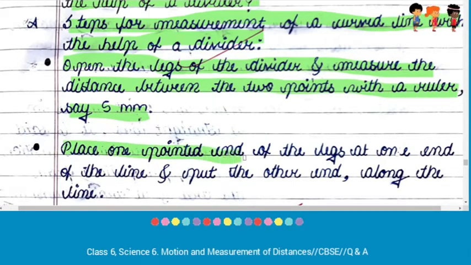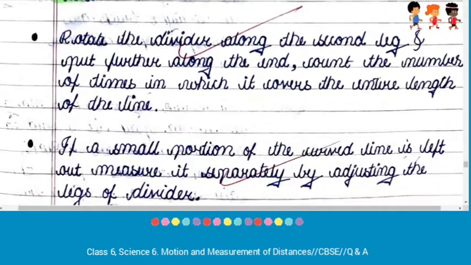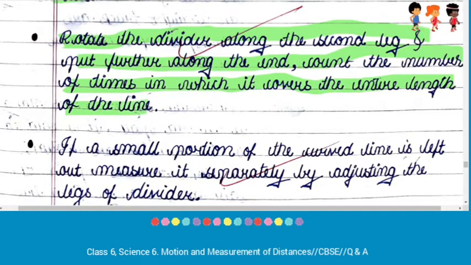Second, place one pointed end of the legs at one end of the line and put the other end along the line. Third, rotate the divider along the second leg and put the further along the line. Count the number of times in which it covers the entire length of the line.